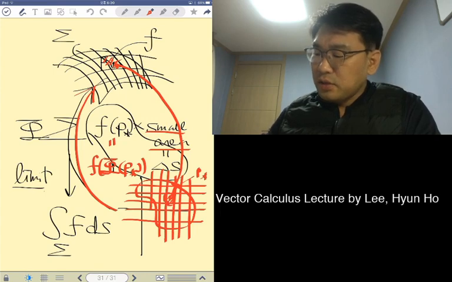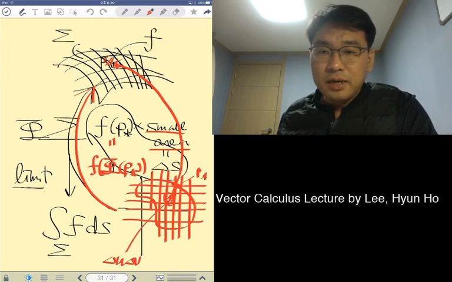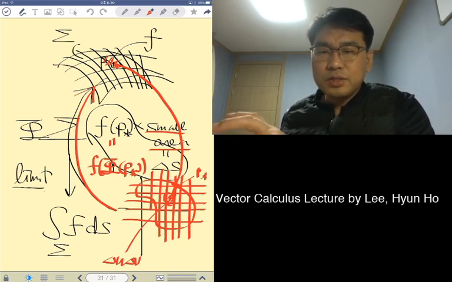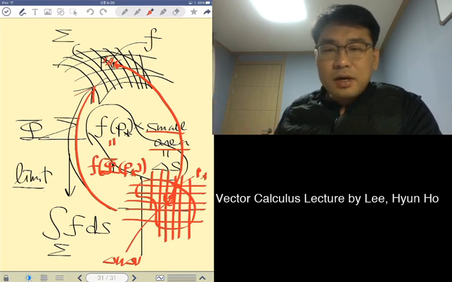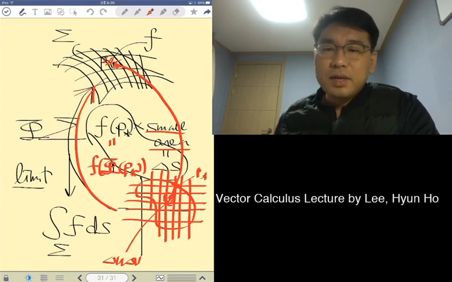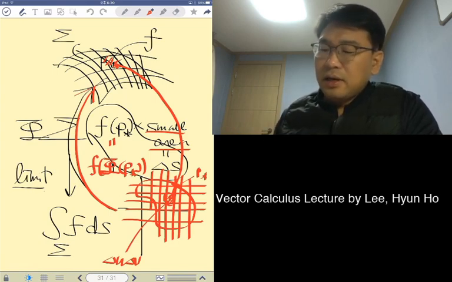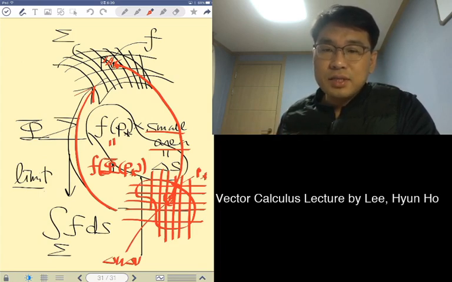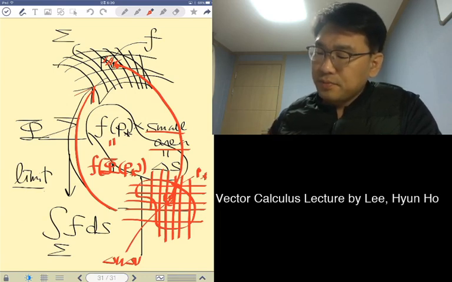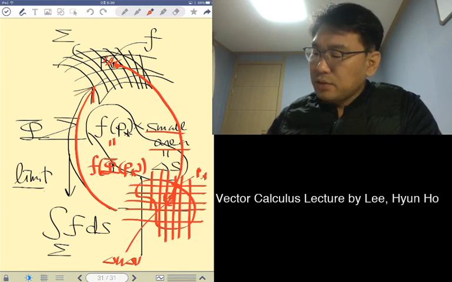Delta u times delta v is a rectangular area, but we also have a rate of change from this area to the surface area. That rate of change is the size of the normal vector N. So delta S is the size of N times delta u delta v.